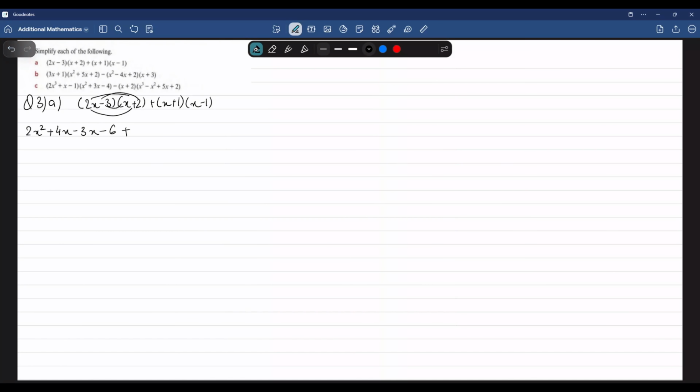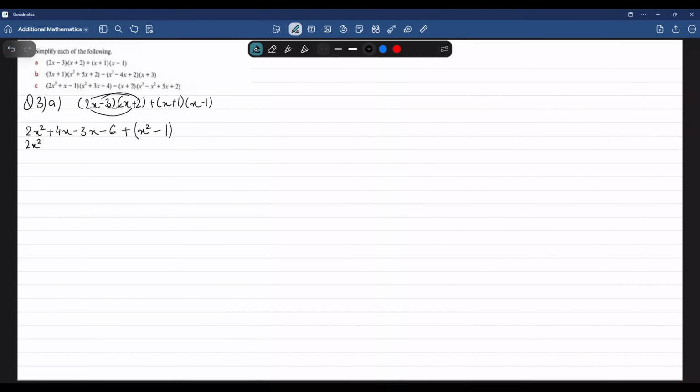Then we go on. x plus 1 multiplied by x minus 1. So a plus b multiplied by a minus b. We already know this. This is an identity. That would be equal to a squared minus b squared. No need to be stressing on this. So we have a squared, which is x squared, minus b squared, which is 1 squared, which is 1.